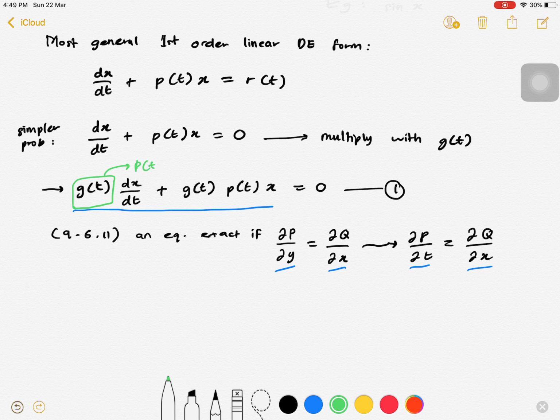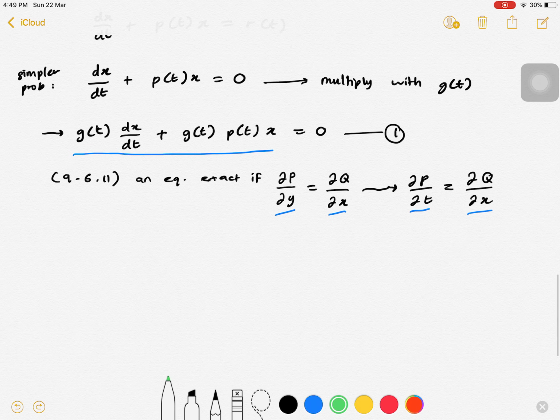Sorry, let me rearrange this equation first. Let equation 1 be multiplied with dt, so we make the differential equation in the form of differentials.